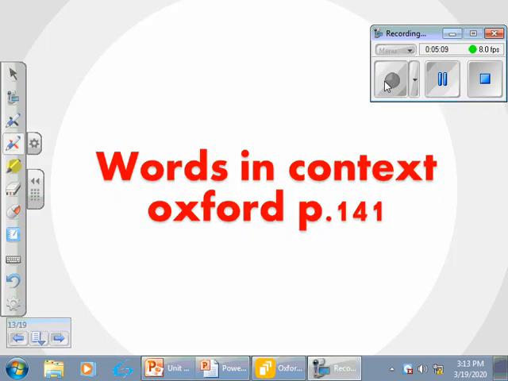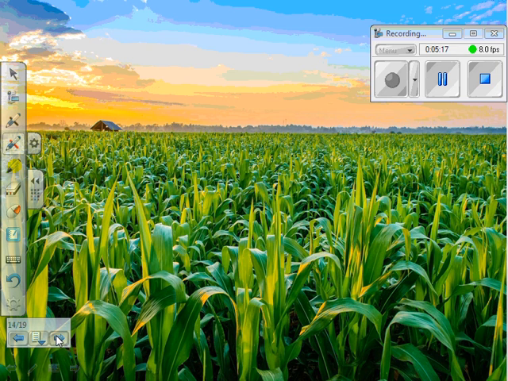Let's understand more the meanings of the words in context after this presentation. The first word is crops. What's the meaning of crops? Give me examples. Yes, excellent. Rice, anything we plant.